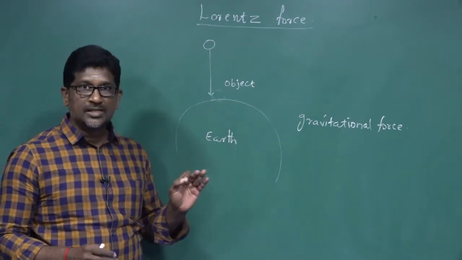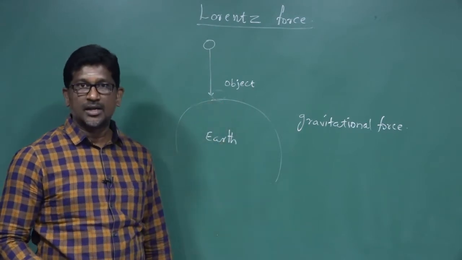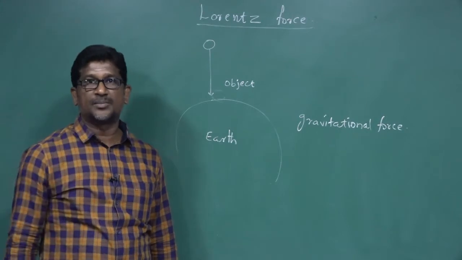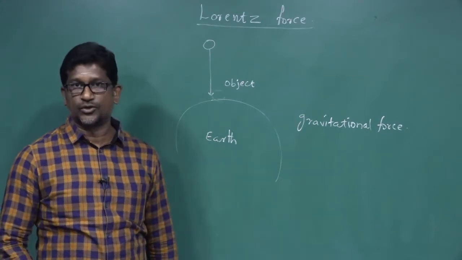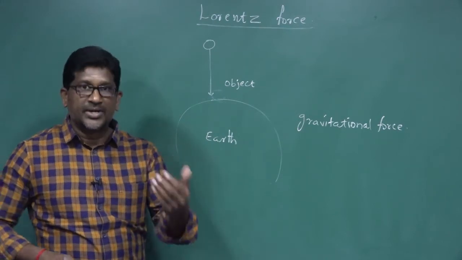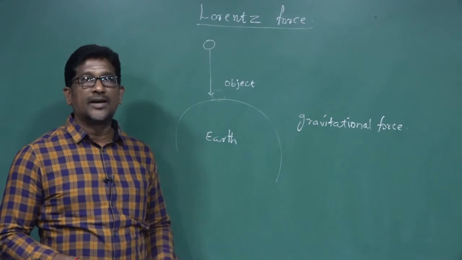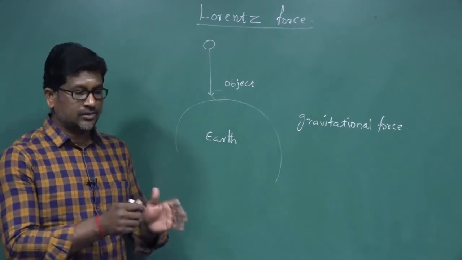So, from these two examples, it is clear that if an object is placed on the surface of the earth or dropped from a height, in both cases the object experiences gravitational force. Whether the object is at rest or moving, due to gravity the object experiences gravitational force.